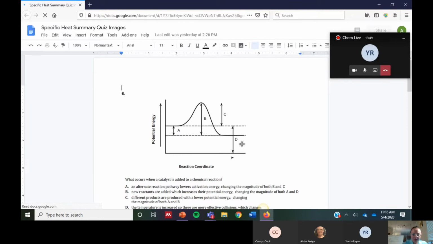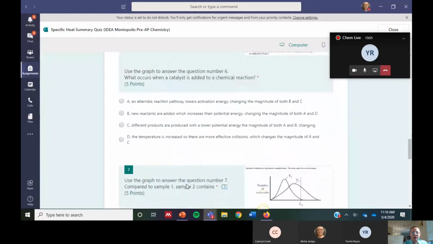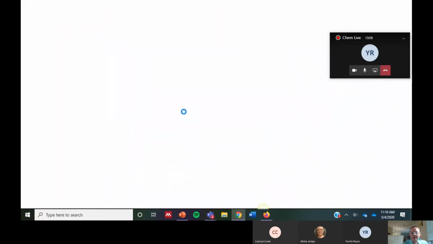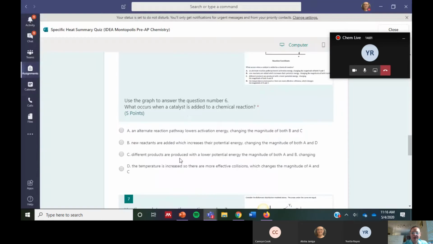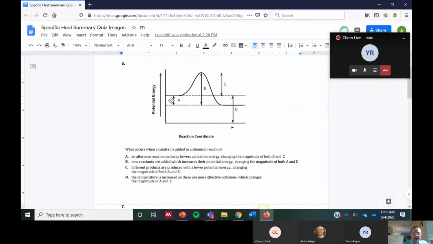Alrighty, so we want to know, right over here, what occurs when the catalyst is added to the chemical reaction? So does A change? Does B change? Does C change? Or does D change?